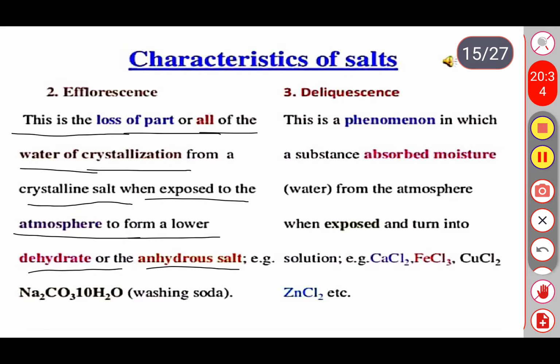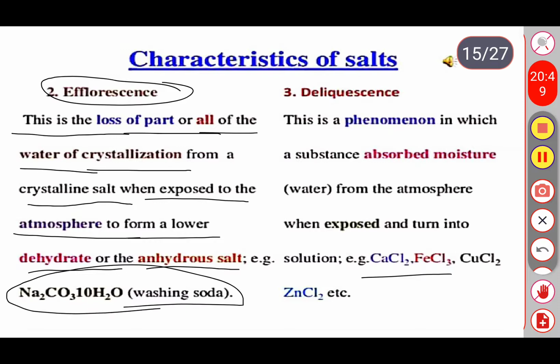Okay, so efflorescence means dehydrated or anhydrous salts. Examples are given here: calcium chloride, right? Next one is washing soda. Washing soda is also one type of efflorescent salt.